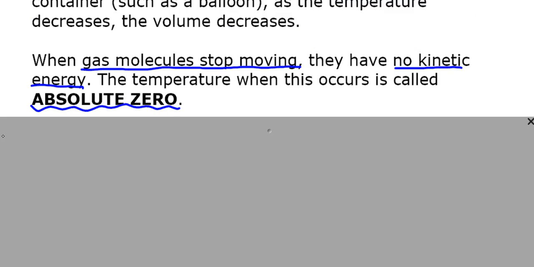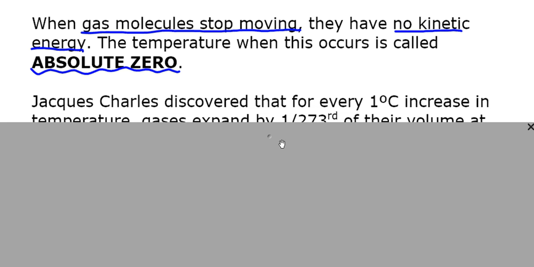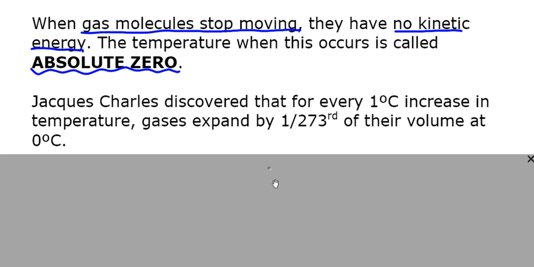There was a scientist named Jacques Charles, and he figured out a relationship between gas expansion and temperature, so directly relating to kinetic energy and temperature. So he figured out that every time a gas increased by 1 degree Celsius, gases expand by 1 over 273, or 1/273rd of their volume at 0 degrees Celsius.